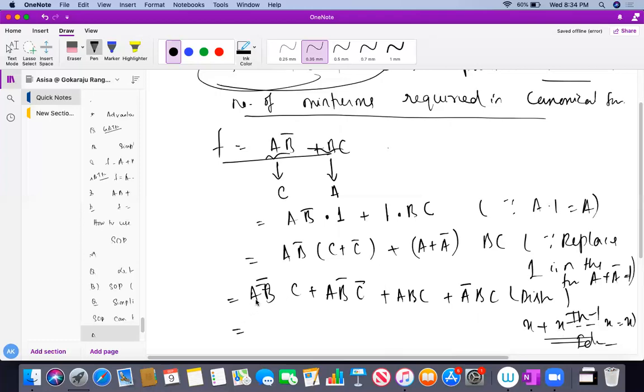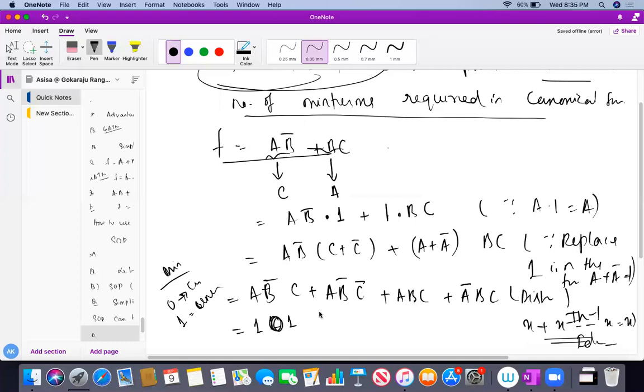Anything there here? So how to choose? If there are many minterms, it's very tough. So what I told you, minterms means what, students? Minterm means 0 is in complemented form, 1 is in uncomplemented form. So wherever uncomplemented, put just 1. So this is B bar, so this is 0.